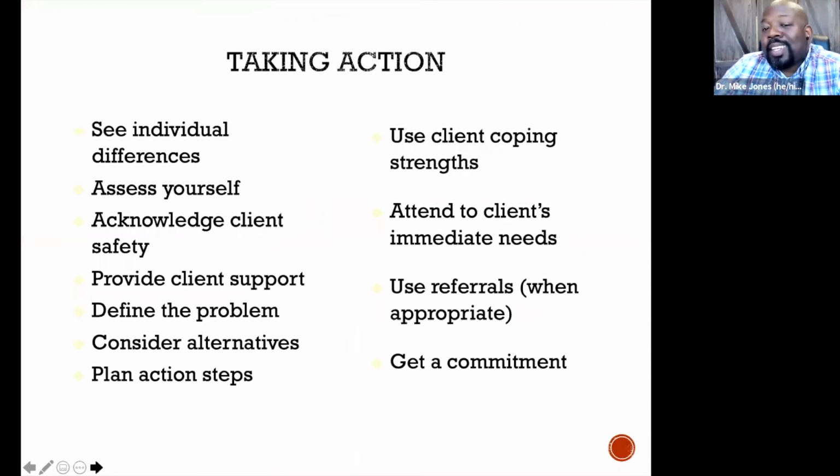So as we begin to take action, I want to highlight about 3 or 4 things on the screen here. One thing that is important for us is that we are always able to see individual differences.